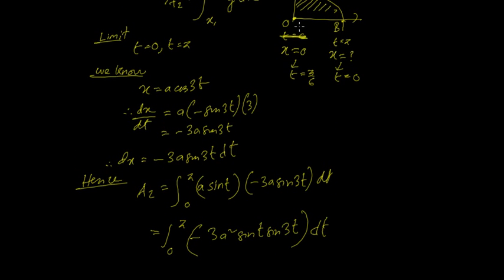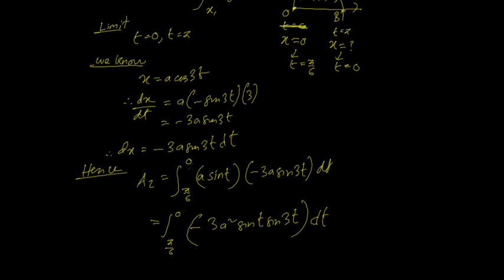When x equals 0, the lower limit is now going to be pi by 6, because the limit is from 0 to B. So it's going to be pi by 6 to 0. That's what it has to be.